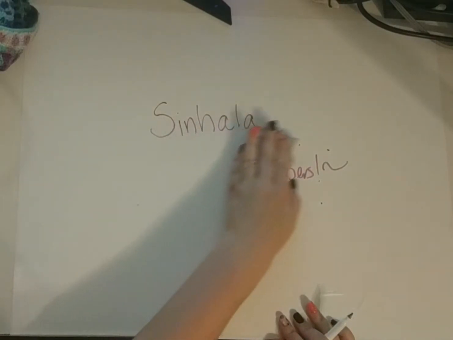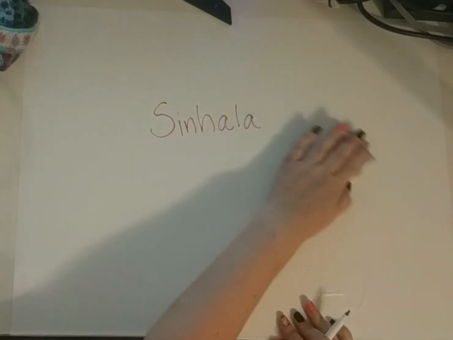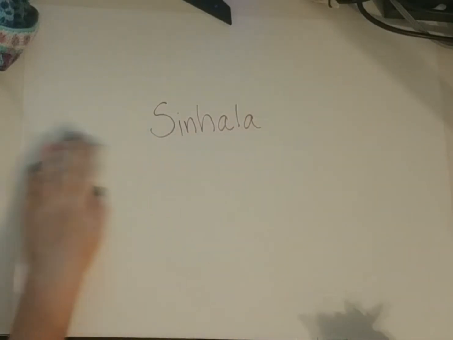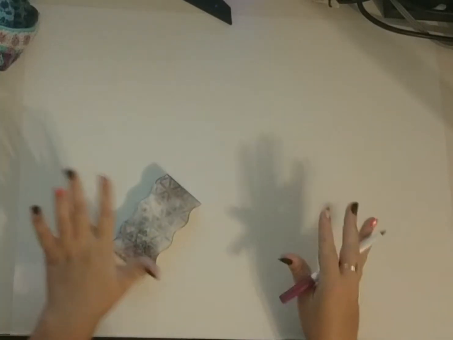So Sinhala is spoken on the island of Sri Lanka. It's a really interesting language. It's really, really beautiful. It's written in little curly cues and looks really lovely. However, it's one of those languages that on the surface, like what I call level 1, is really simple.